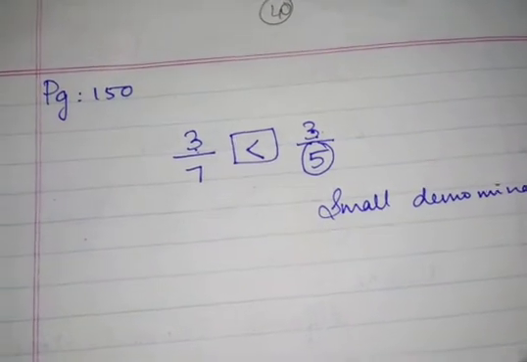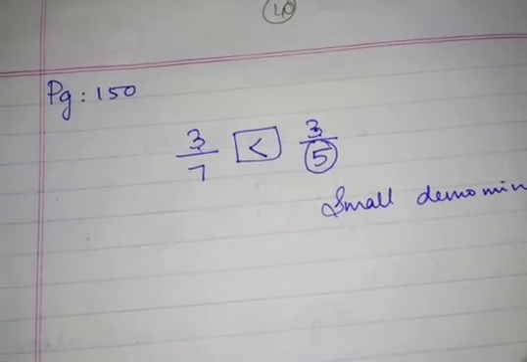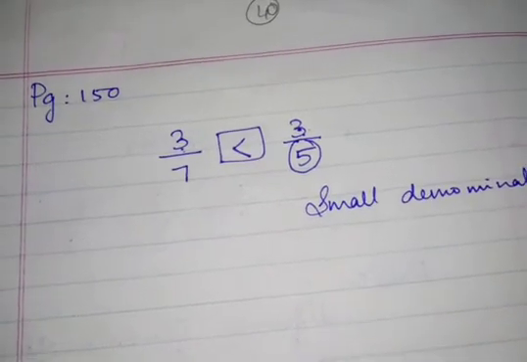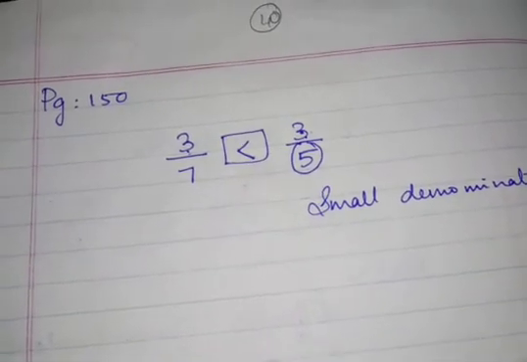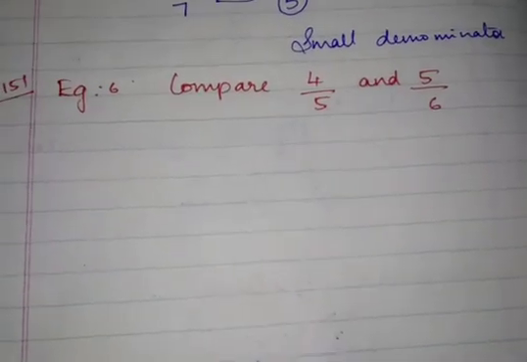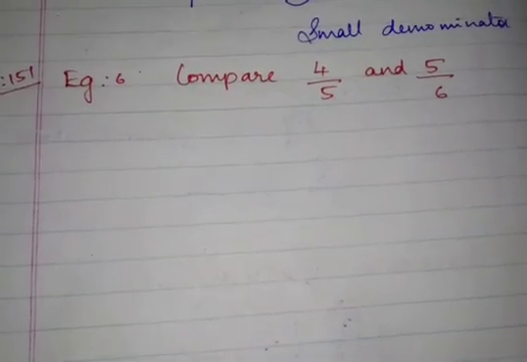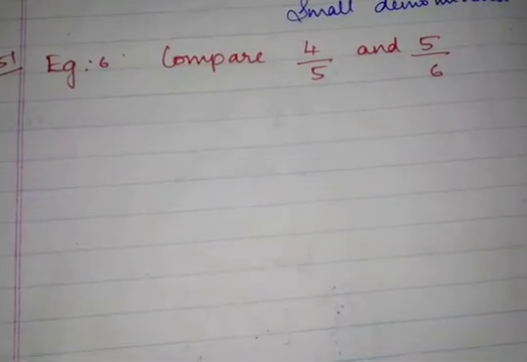You can see many increasing order and decreasing order questions below that. You can once again go through that concept, so you'll get a clearer idea about it. Okay, children, next you can take page number 151. In that you have example number 6. So what is the question given?